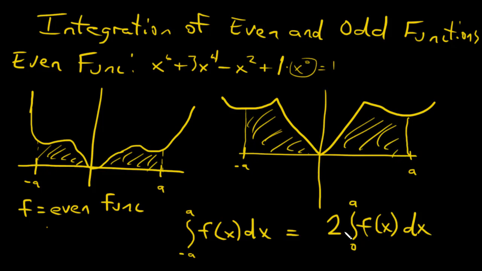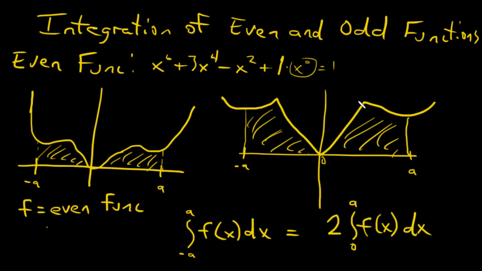So if I want to rewrite the integral, I can rewrite it as 2 times the integral from 0 to a. So it's 2 of these pieces. Well, I'm starting at 0 and going to a. Well, yeah, it just makes sense. If the left side is the same as the right side, when I integrate that, it's the same as twice the right side. Makes sense. So that's the way that you can simplify some integrals of even functions.